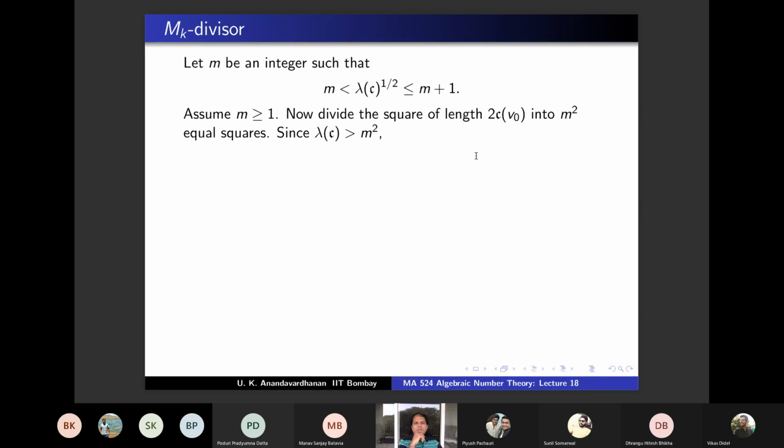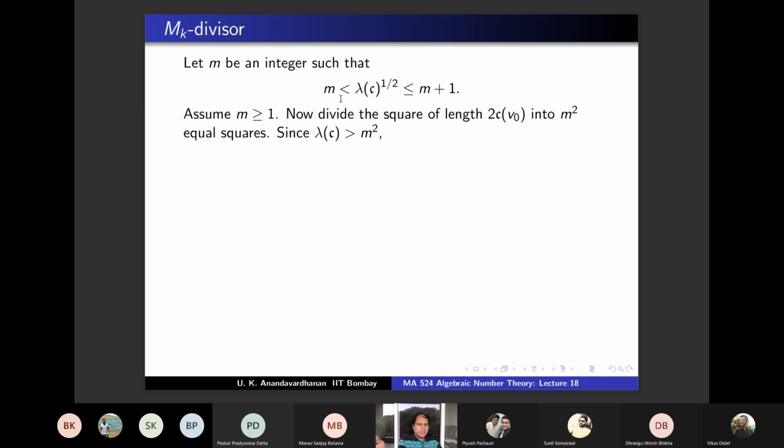And lambda c is bigger than m square, right? By your choice of m, lambda c is bigger than m square, and you have cut this into m square squares. So what can you conclude?